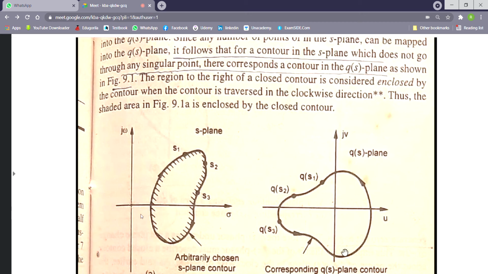Clear, ma'am. This is our S plane contour, and this is our Q(S) plane contour. Often the Q(S) plane contour is denoted by the symbol tau, so it will be denoted as tau Q.